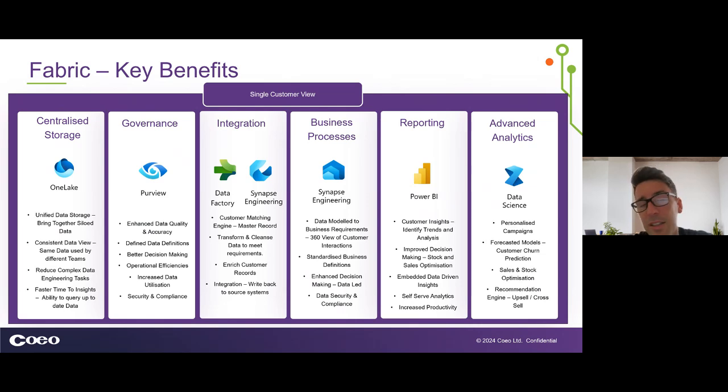Microsoft Purview isn't actually part of Microsoft Fabric, but it's a secondary service that we look at, and this is really beneficial for ensuring data accuracy, lineage, glossary terms, definitions. What that enables us is, for the data that we're ingesting, we can build a business glossary, we can monitor the accuracy of this data, and we can have defined data terms that are used and understood by the business.